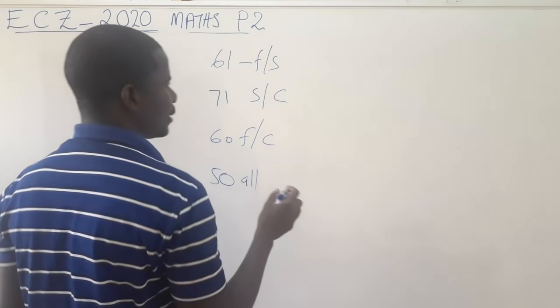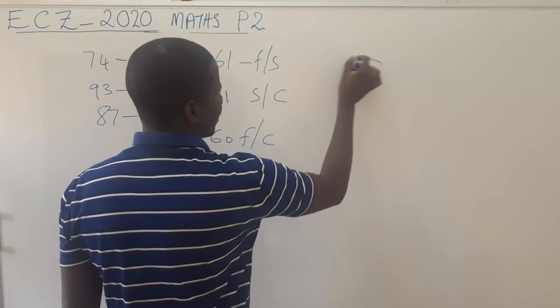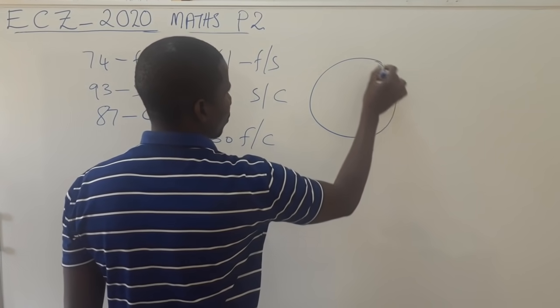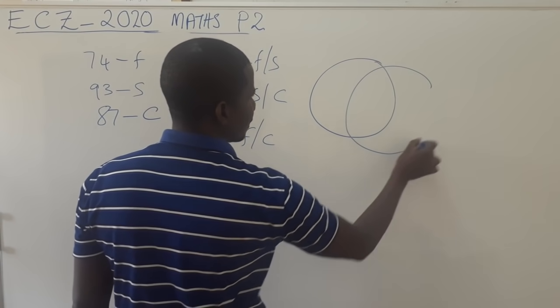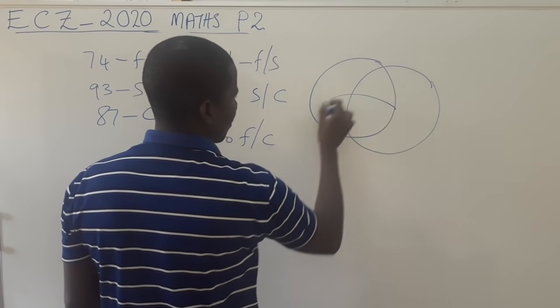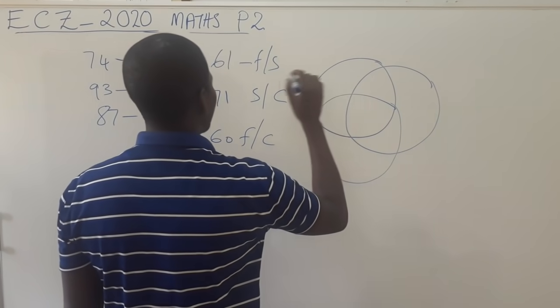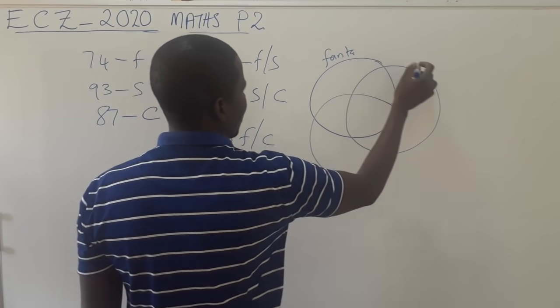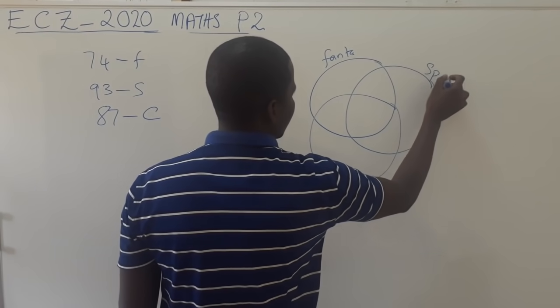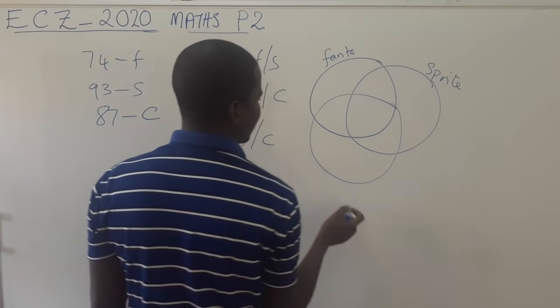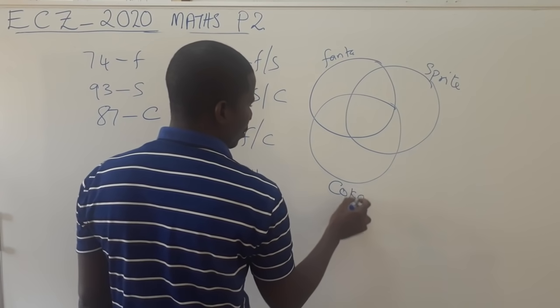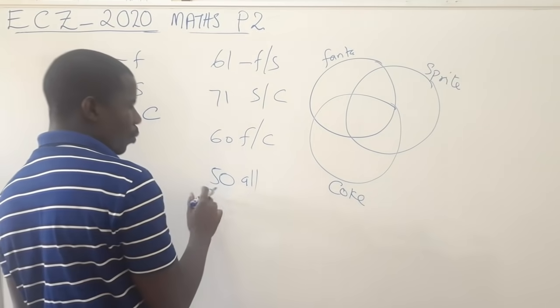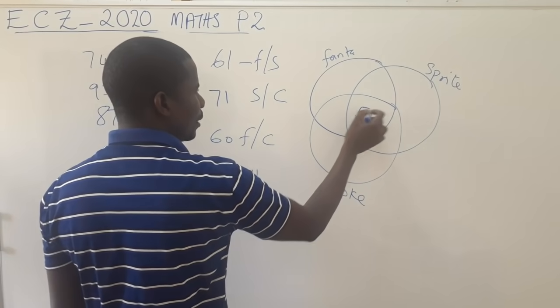So this is what we are going to have as our Venn diagram. We're going to have Fanta, Sprite, and Coke. As you know, we always start from the middle.